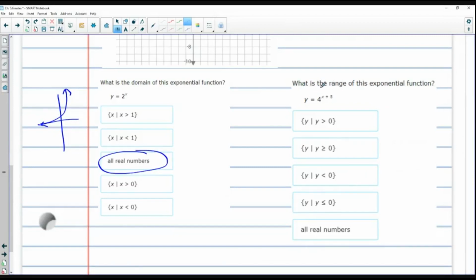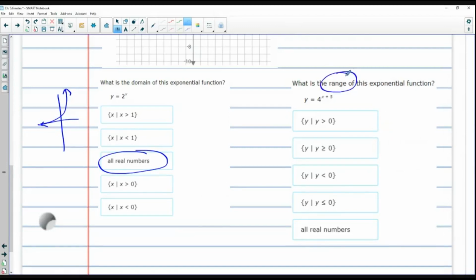Okay, let's look at the last one here. What is the range of this exponential function? Okay, plug this in to see how it looks in your graph. All right, guys, so what's the range here?